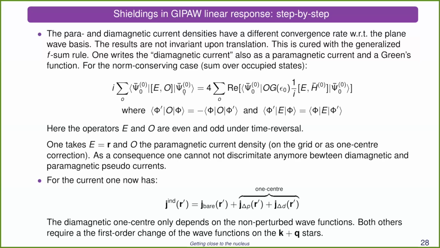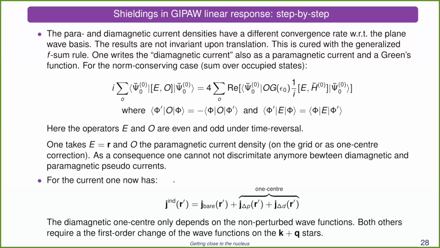And here you see it. I think this is for norm-conserving. The trick is to have your diamagnetic current as badly convergent as your paramagnetic current, at the same rate. Then you retrieve translational invariance. And that is actually what is done. The formulas are like that and it is automatically taken care of.